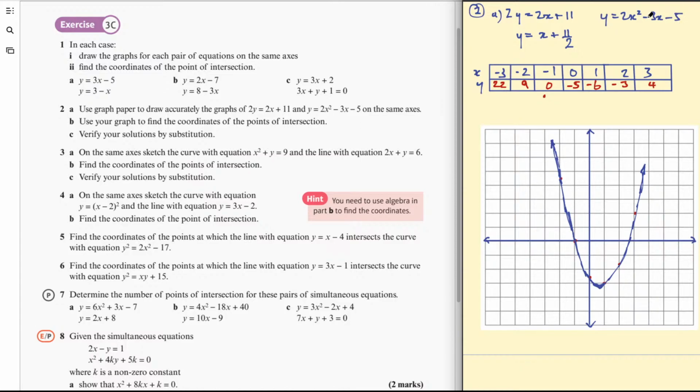I believe we could also factorize that. So what would the factors be to make negative 3? So I need factors of negative 5 and 2. This is just to check the intercepts. 5 and 2 should make 3.